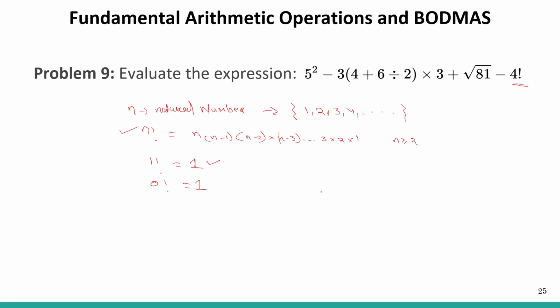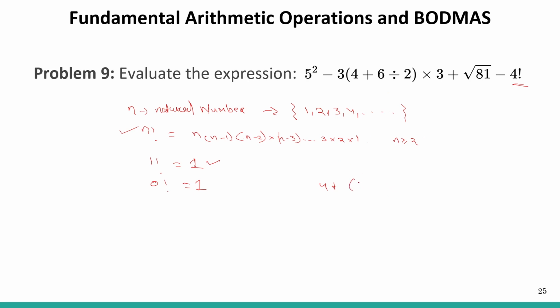What we look for first is brackets, and we solve the brackets first. If we solve this bracket first, what we will be left with is 4 plus, then inside it we'll again do the BODMAS rule. Inside this there is no bracket, but there is division. So we'll do the division. 6 by 2 is equal to 3 and then we do the addition.